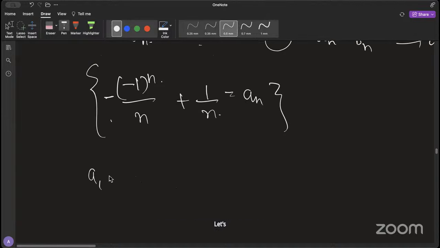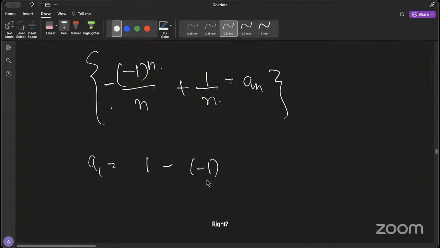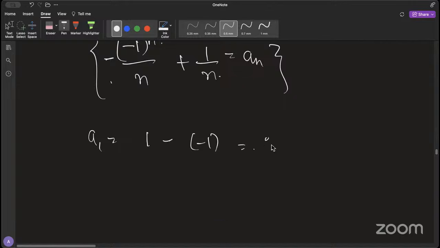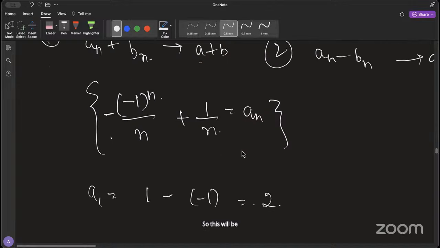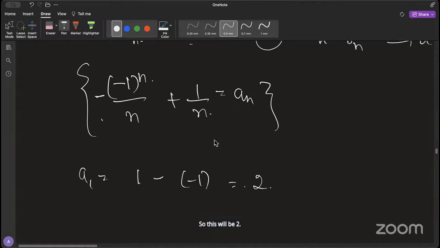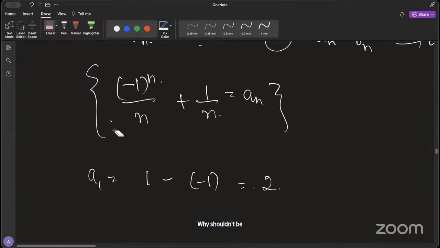Let's see how our terms look. The first term will be 1 minus, you'll have a 1 here, so it will be minus 1. So this will be 2. I should instead take this. So if this is my sequence, this will be 1 minus 1.